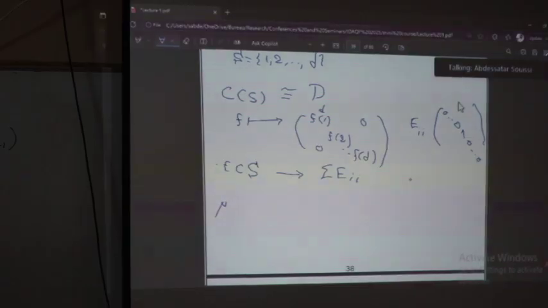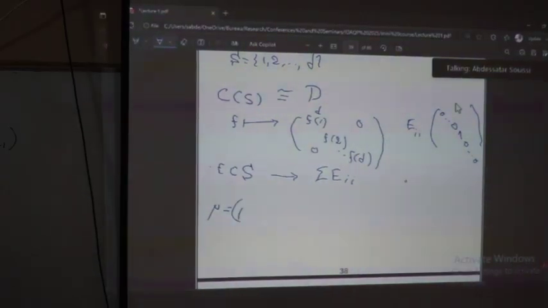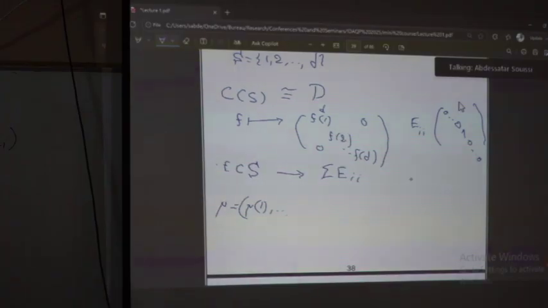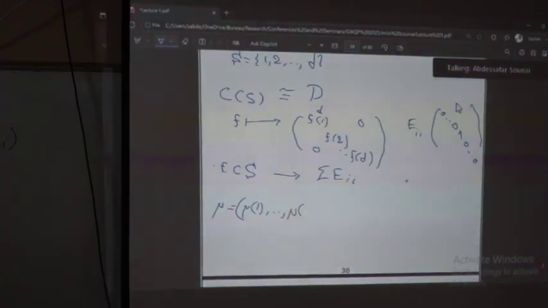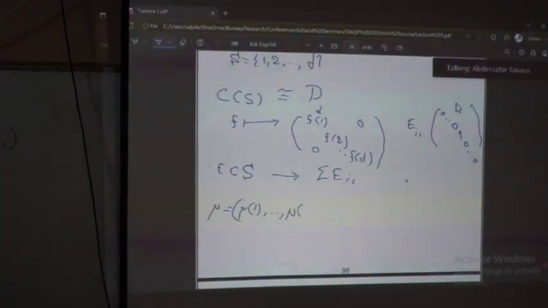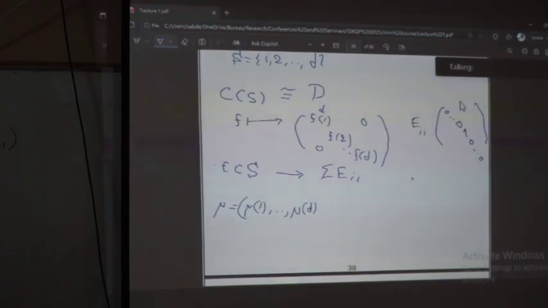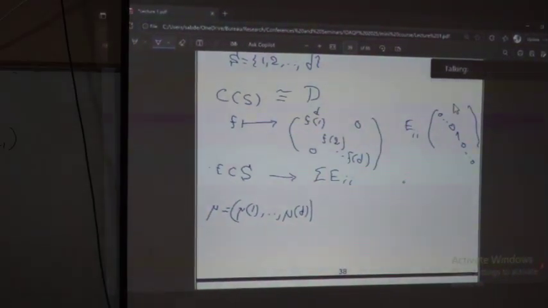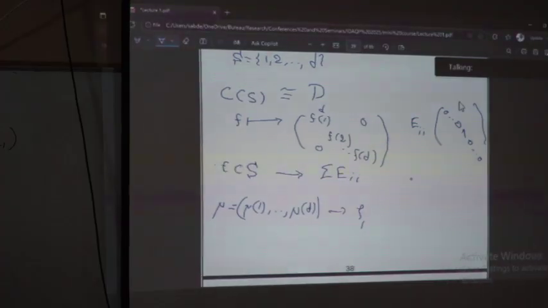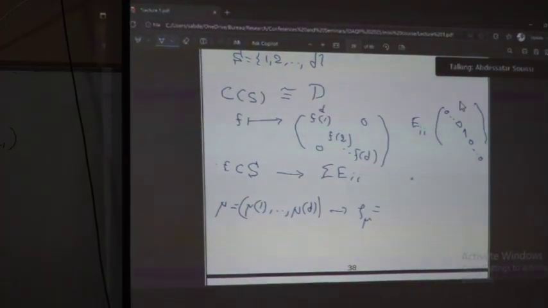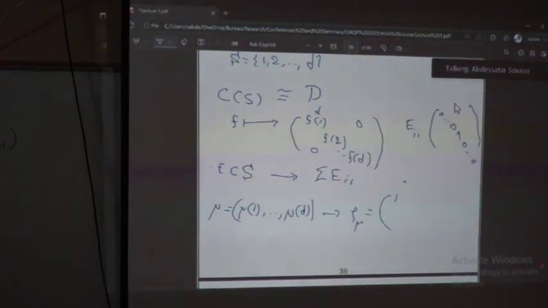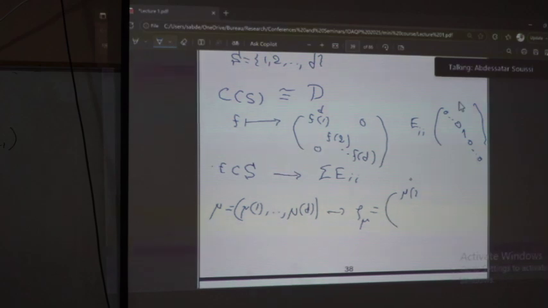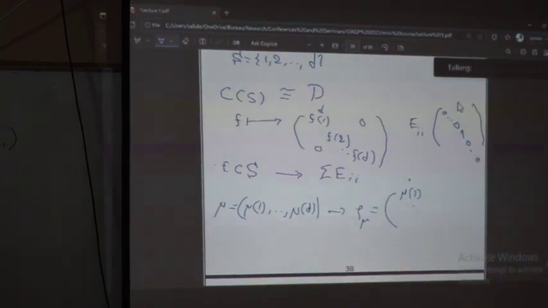If we consider also this matrix, we have a mirror which is identified to this polarity line, mu of the vector mu of D. We can consider also the density matrix, rho mu, which is the diagonal matrix whose entries are the elements of mu.